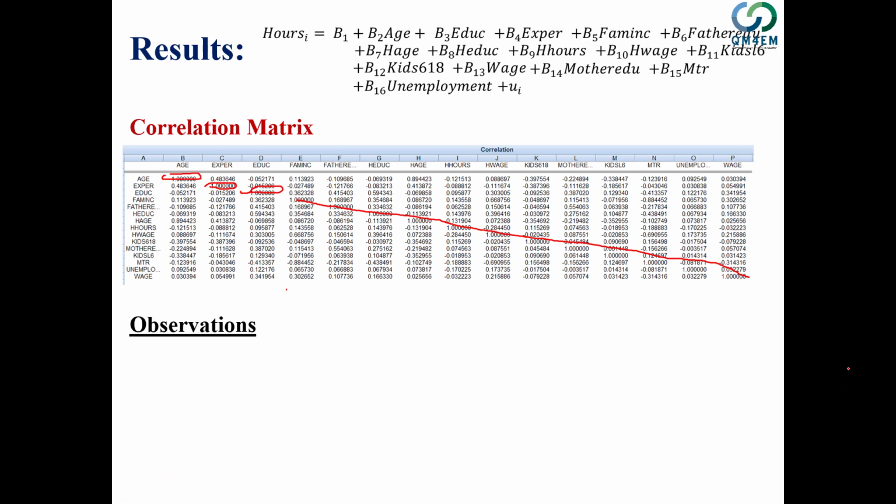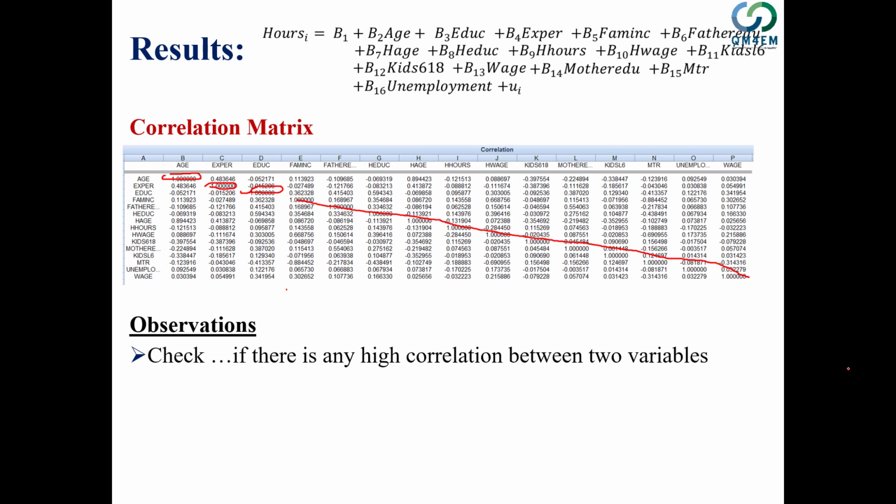Some observations: we have to check if there is some high correlation among certain variables. Apparently this is not very visible, but we can see some higher values. Now we have to define what we mean by high correlation. Is 0.5 high, or is 0.98 high?